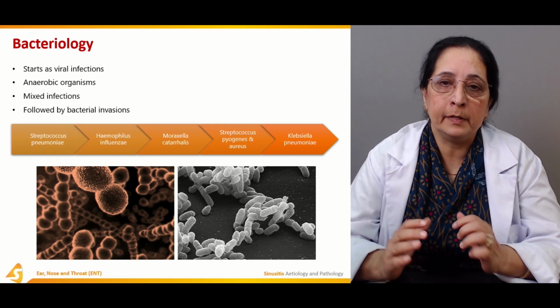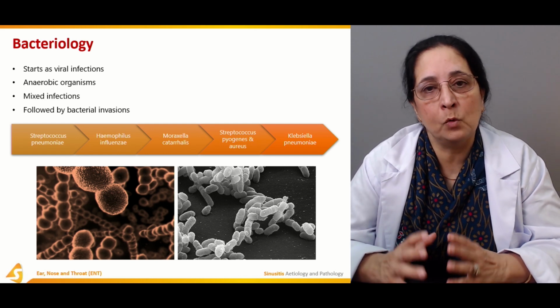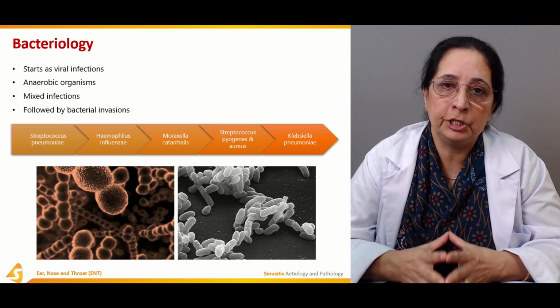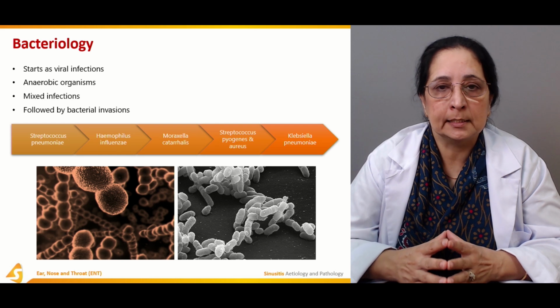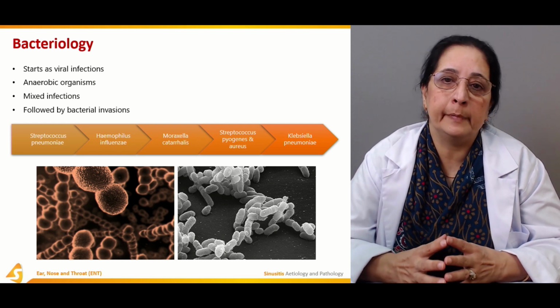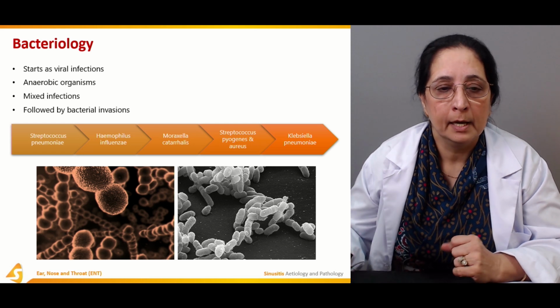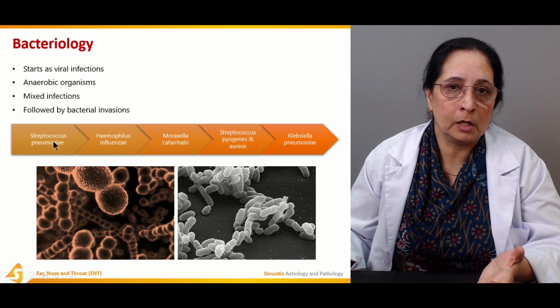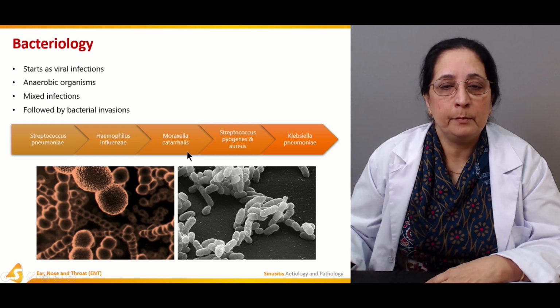But remember that viruses are the most commonly involved initial causative agent for sinusitis, and then there are superimposed infections in which bacteria are involved, and the common bacteria are Streptococcus, Haemophilus, and Moraxella.